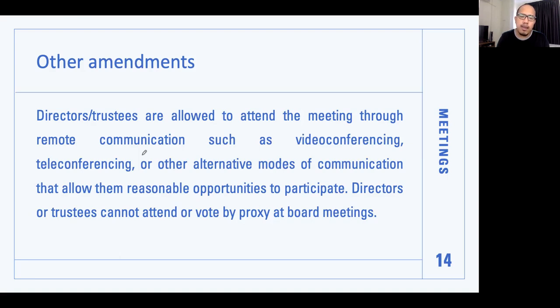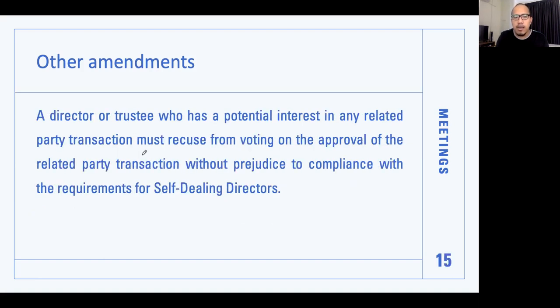Directors or trustees cannot attend or vote by proxy at board meetings because they voted for you there, and there are qualifications required. So you cannot pass on the authority given to you. A director or trustee who has potential interest in any related party transaction must recuse from voting on the approval of the related party transactions without prejudice to the compliance with the requirements for self-dealing director.